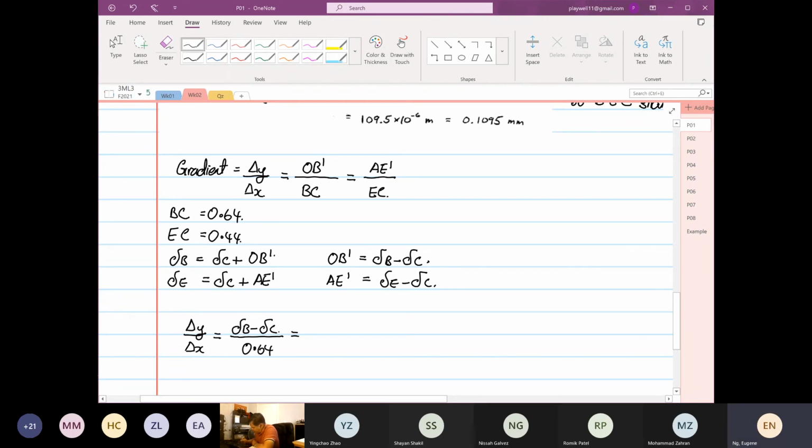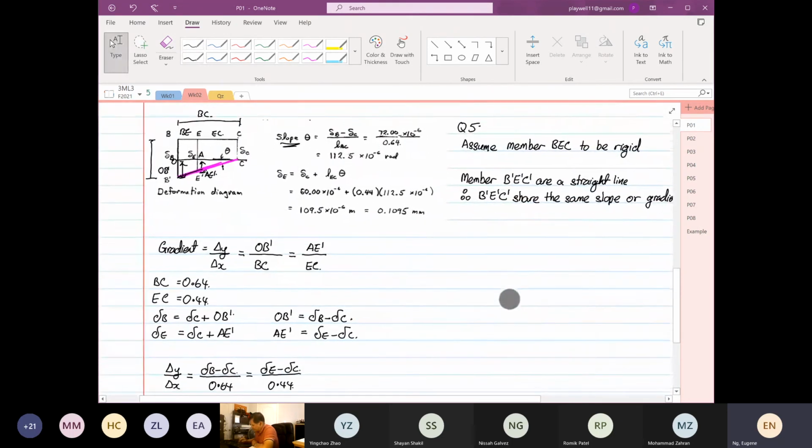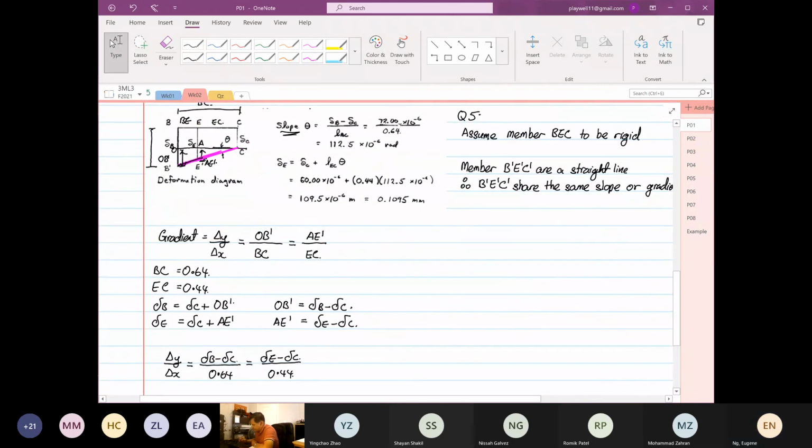This is equal to the deflection of E minus the deflection of C divided by 0.44. So they are just dealing with the gradient here.